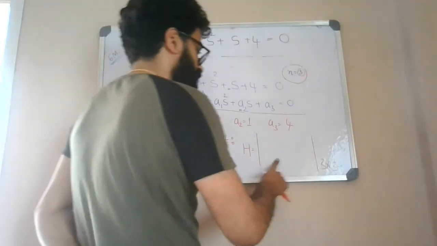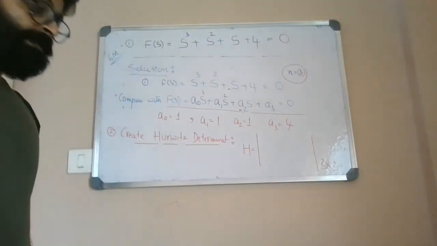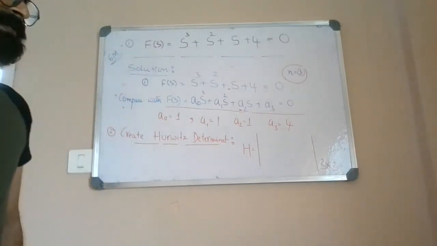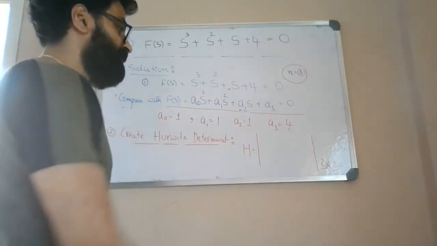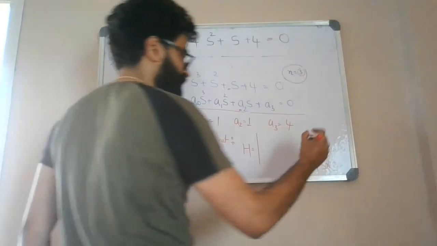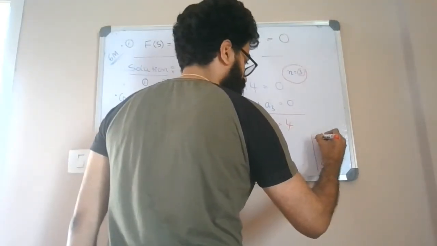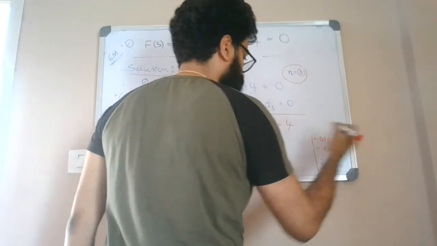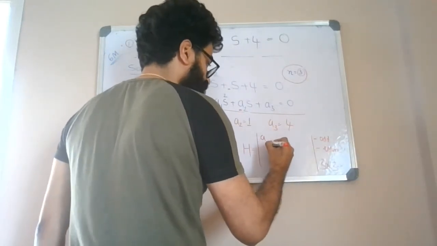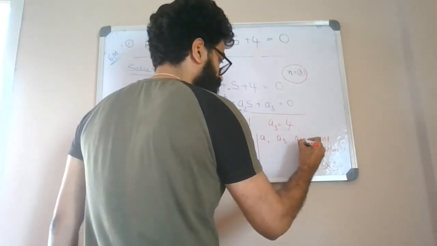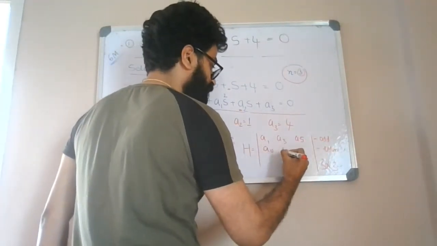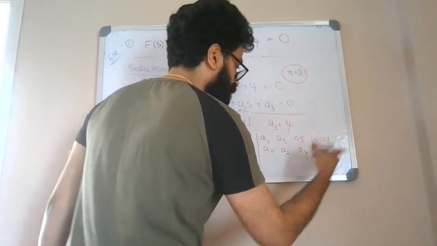Then you can refer to the standard Hurwitz determinant and start writing down the coefficients. Row 1 has the odd coefficients, and row 2 has the even coefficients. The odd coefficients are a1, a3, a5, and the even coefficients are a0, a2, a4.